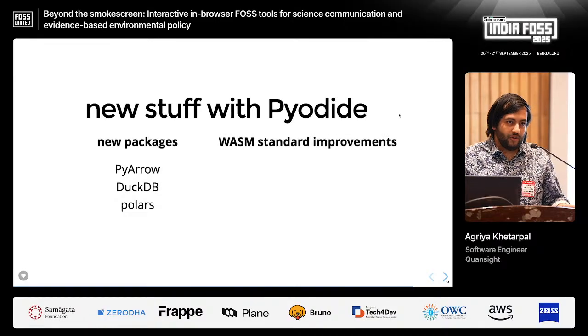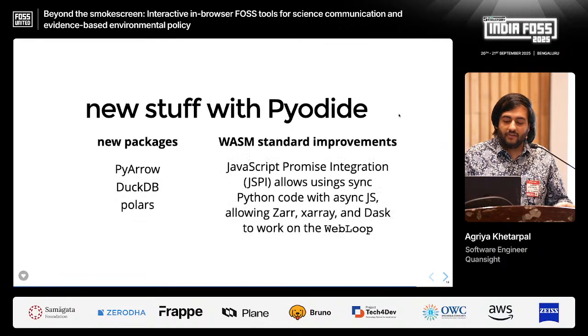Similarly, improvements to the WebAssembly standard across browsers mean that, in particular, JavaScript promise integration is now available. It is the default in Chrome 137. This allows you to run synchronous Python code with asynchronous JavaScript web APIs, and it allows a lot of packages in the geospatial area to now work on the web loop.